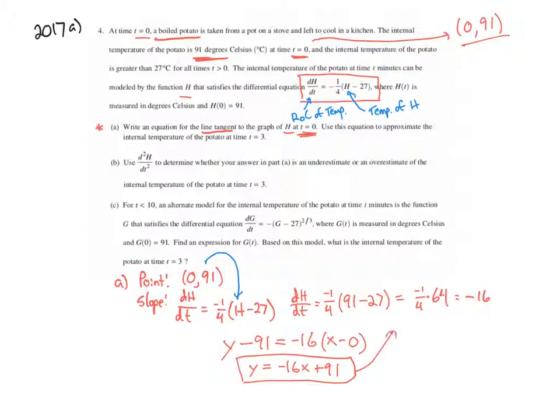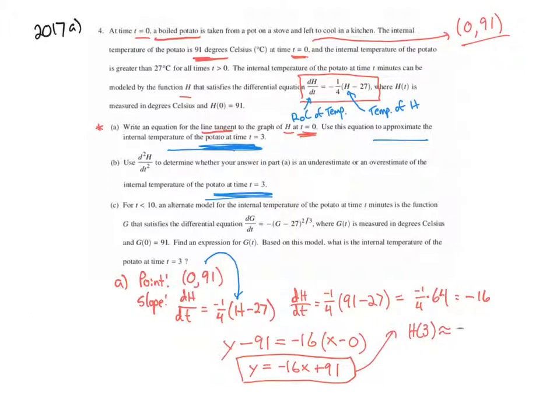And then for the approximation, the temperature at 3 seconds, which is the next thing this is asking us to do. Oh, excuse me, I underlined there. The next thing this is asking us to do is to estimate the temperature of the potato at time 3. So the approximate temperature of the potato at time 3, we can use our tangent line for.